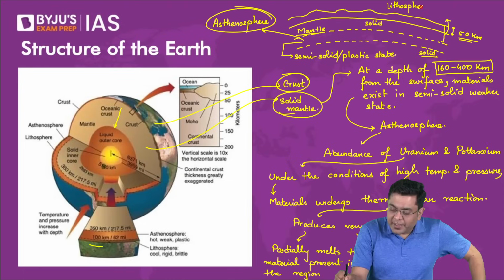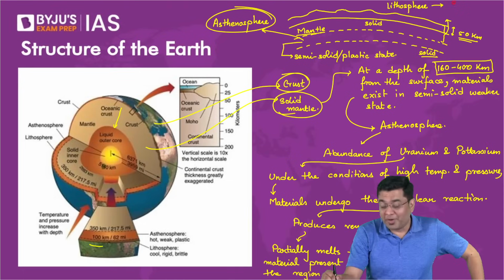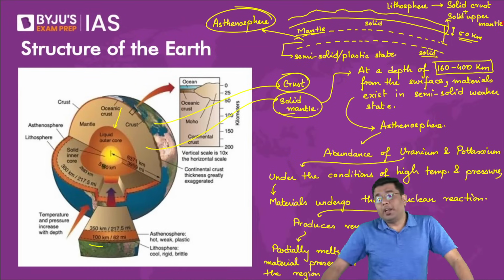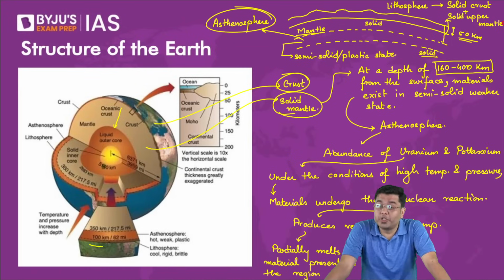I'm writing everything down so that it is easier for you when you revise, but please do revise. It is the solid crust plus solid upper mantle. That solid crust plus the solid portion of the upper mantle, that is what is referred to as lithosphere.